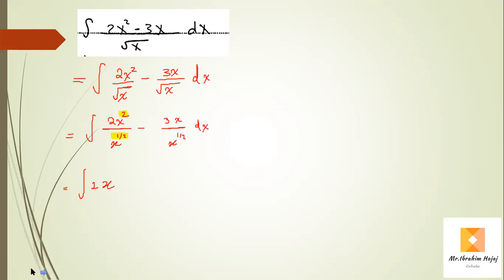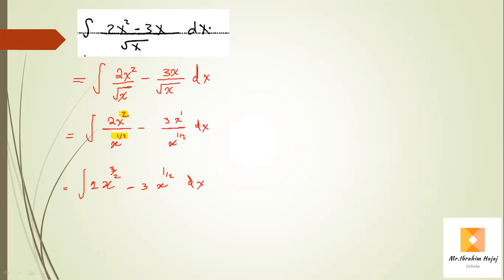So 2 minus half gives 3 over 2. In division we subtract the exponents. You are right. Minus 3x, and here also 1 minus half is 1 over 2, so 3x to the power of 1 over 2 dx.